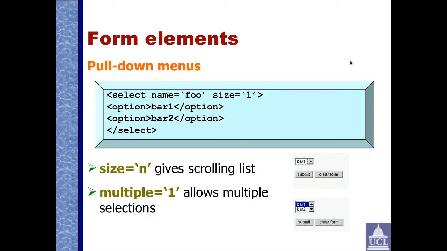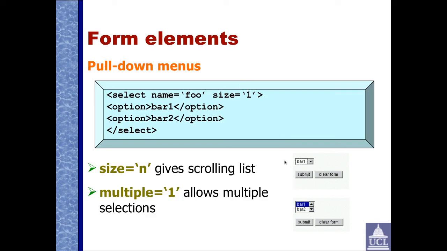We can also create pull-down menus, so that's done using a select tag. And again, we use name equals to specify effectively a variable name that can be accessed within the CGI script. We have a size. Now, with a size equals 1, that gives us a pull-down menu as we have here.